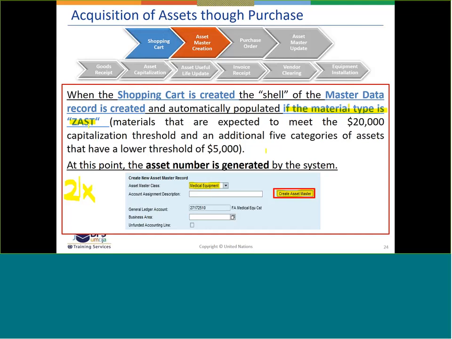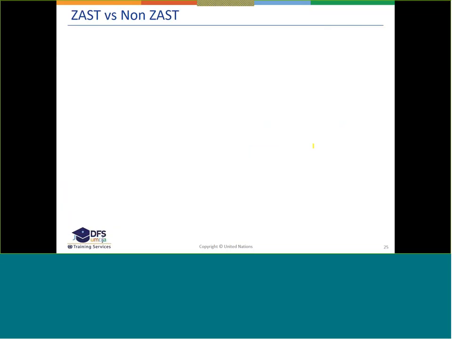I have another example for this. Let's think about one example so we understand the importance of selecting a SAS material or non-SAS material. This is done basically by requisitioners. But what is the point?